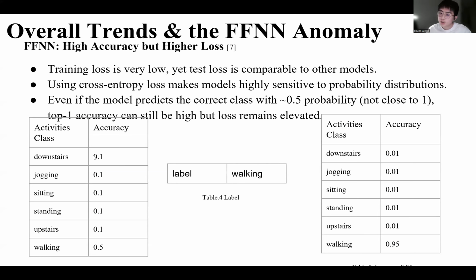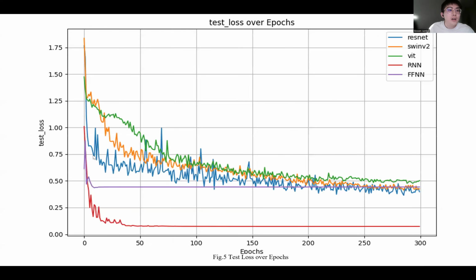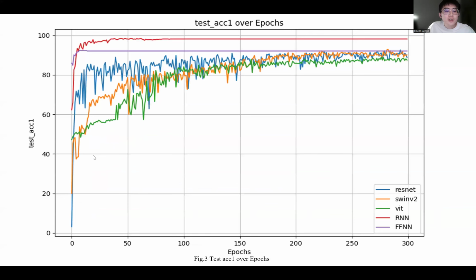However, since 0.5 is not close to 1, the loss value of the left algorithm is quite large. In contrast, in the table on the right, the probability is 95%, which means the loss value at this point is very small. So that's the reason why the test loss is very high. It's higher, but the top one accuracy is very high too.